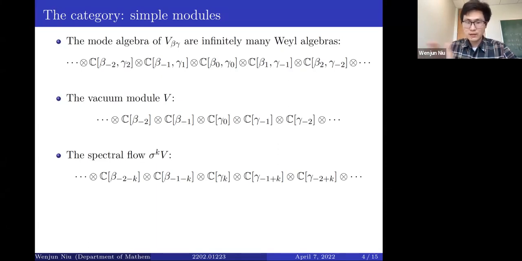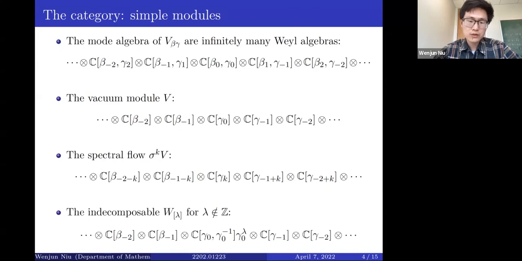So you can spectral flow each of them, by which you move the separation between where beta and gamma act from 0 to k. In general, you could consider swapping any pair of beta and gamma, but we don't consider that in our paper here.